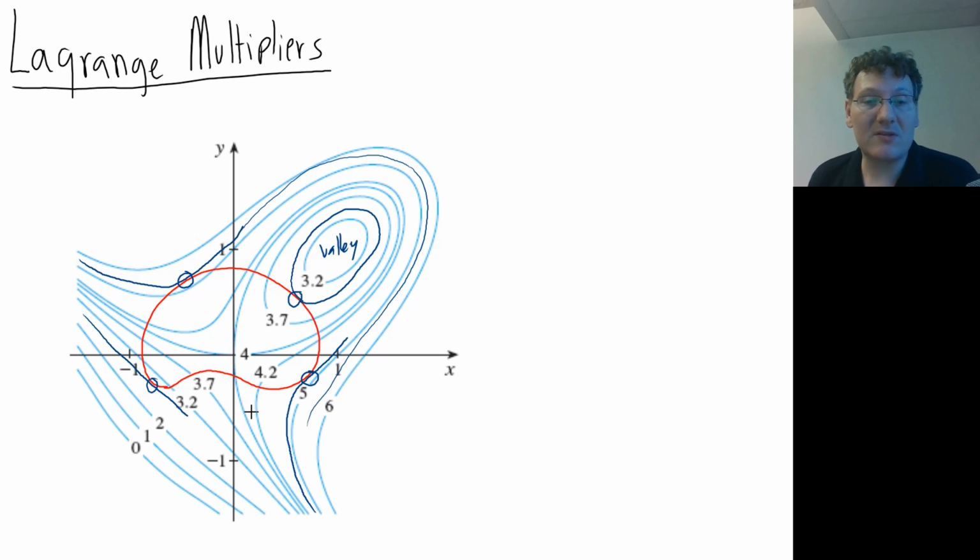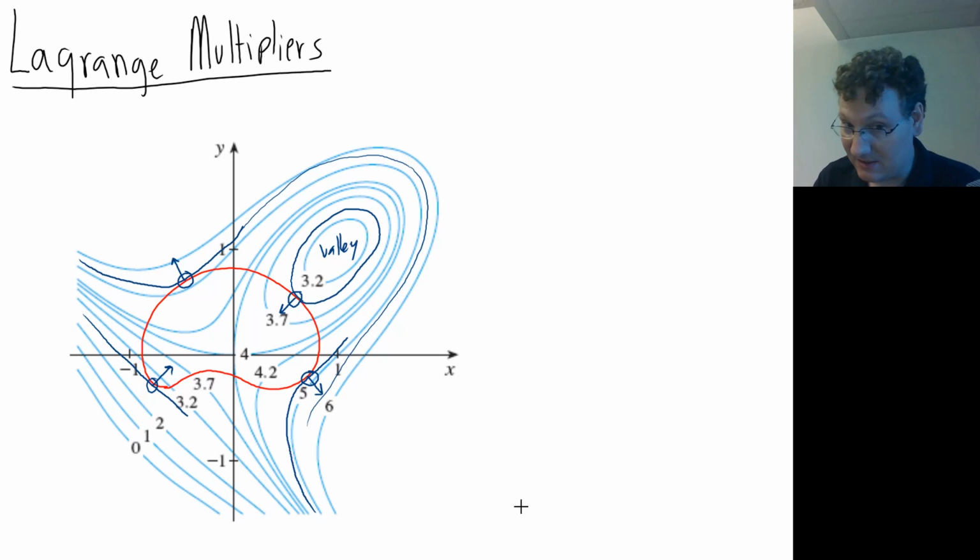Okay. So here's the thing that's happening in all of those cases. The level curve is tangent to the boundary curve. When they're tangent, the normal lines are going to be pointing in the same direction. So remember, the gradient is pointing like this. The gradient is going up to the high, oops, I'm getting it backwards. The gradient is in that direction. The gradient is going like that, like this, like this.